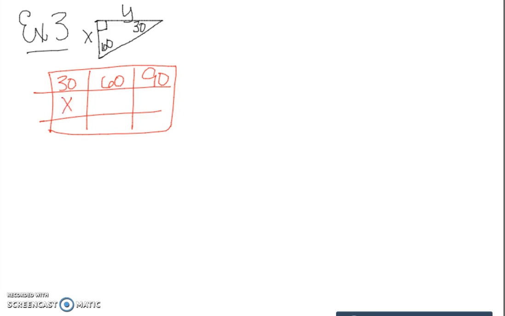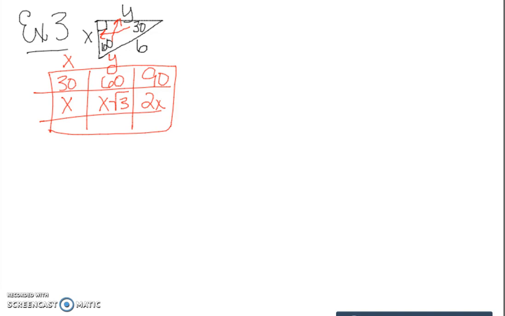Across from 30 is the x, across from 60 is the x square root of 3 side, and across from 90 is the 2x side. Okay, so they're asking me to find x and y. So across the 30-degree side, that's x. I'm going to label that at the top. Across from 60, that's y. I'm going to label that one there, and I forgot my side. So my hypotenuse is 6.